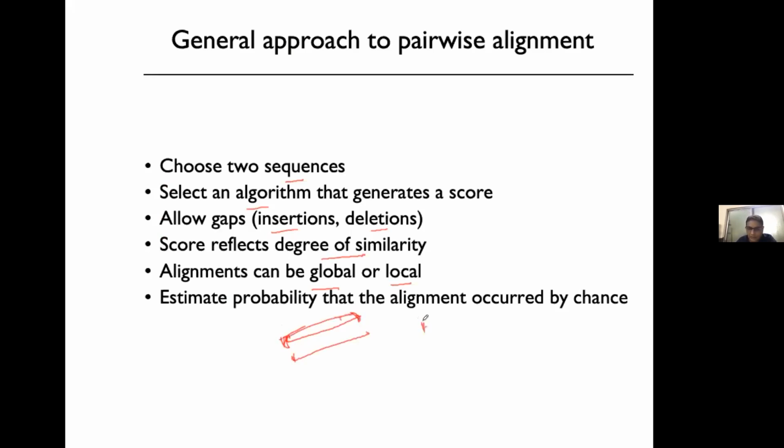But in local alignment, you find the best areas of matches, certain portions where you have the best matches of your sequences. We'll look at that when we look at the dynamic programming algorithms. So there are two differences: global is along the entire sequence, and local is along the best matching regions.